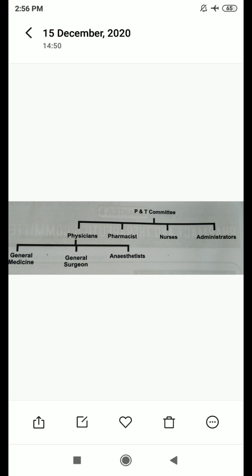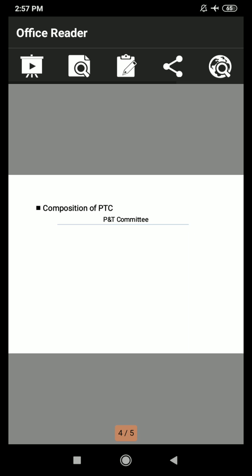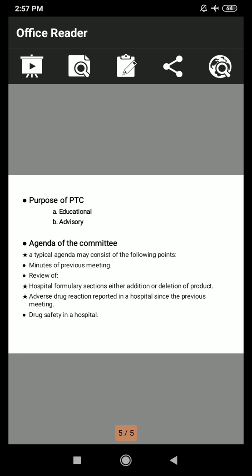Then next point is purpose of PTC. The Pharmacy and Therapeutic Committee works with two main objectives or purposes as below. First is educational and second is advisory.